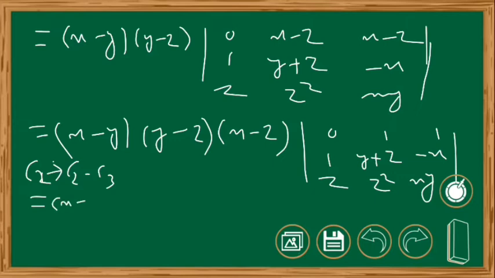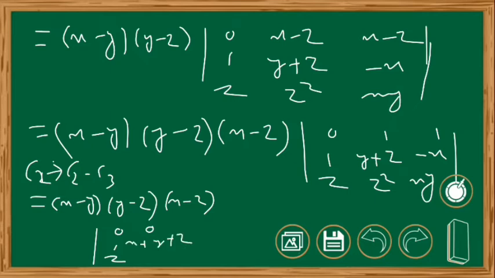So here it is x minus y whole into y minus z whole into x minus z. Now column 1 is 0, 1, z square. Column 2 minus column 3 will give 0, then x plus y plus z, then z square minus xy.